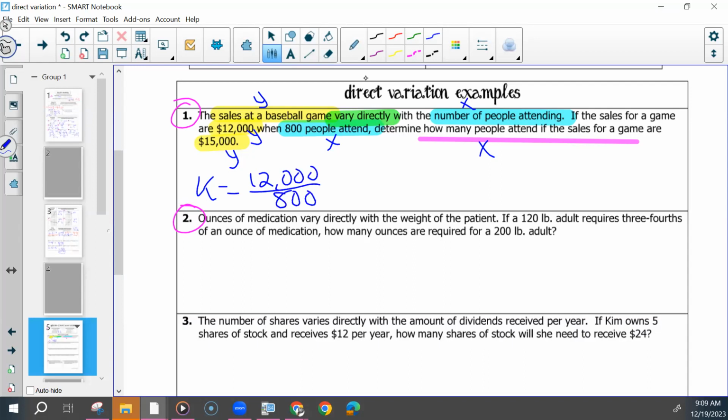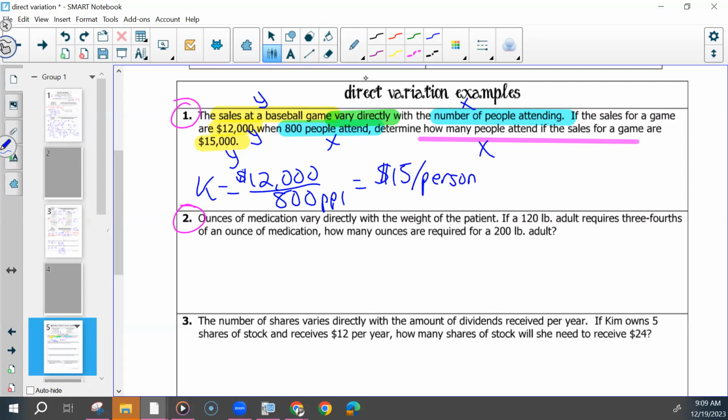Because this is real life, we want the labels or units in there. So $12,000 over 800 people would be what? 15. So that would be $15 per person.